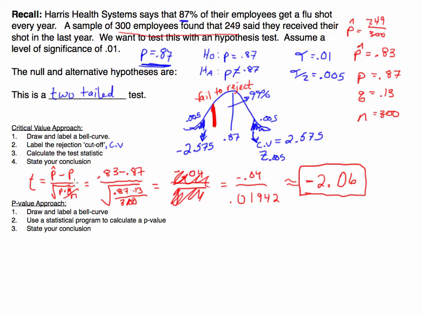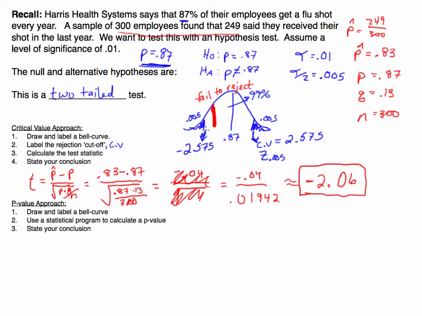This is the formula for the test statistic for a proportion. I found that a sample proportion of 0.83 is associated in this example with a test statistic of negative 2.06, which is not in those rejection regions, meaning it's not so far away from the mean. It's negative 2.06 away, so it's definitely some amount away, but not so far that it's unheard of given this level of significance of 0.01.